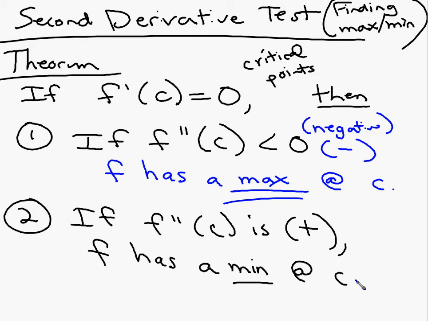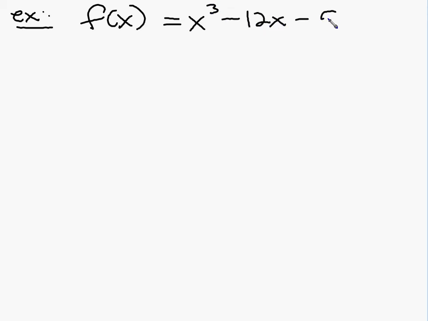Okay? So let's do an example of this so that you know how to work the second derivative test. Let's say that my function is x cubed minus 12x minus 5, and we want to find the extrema.